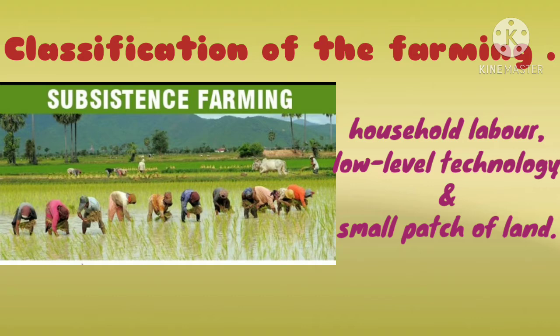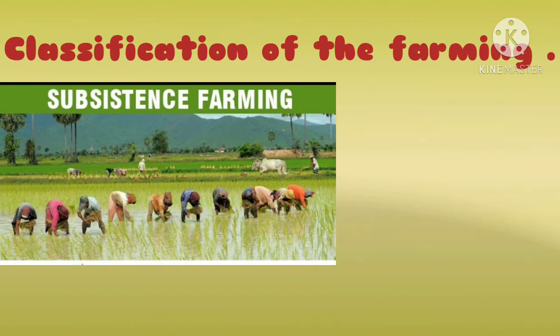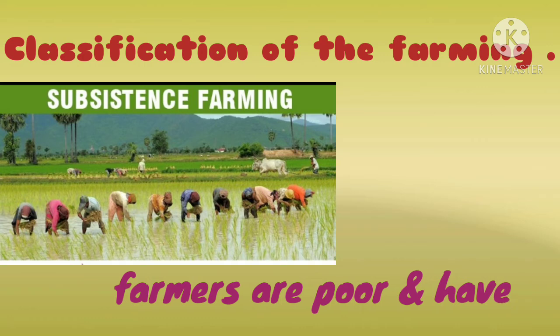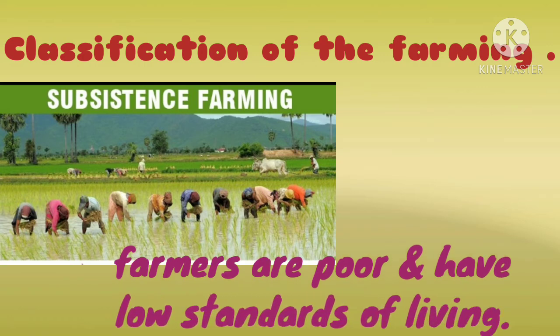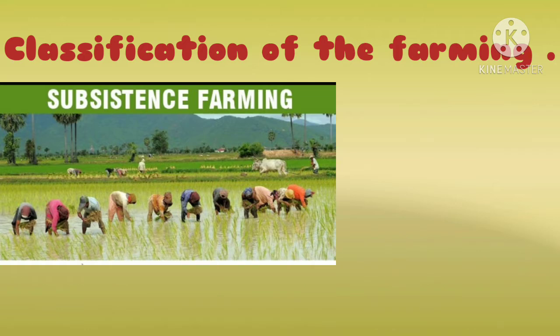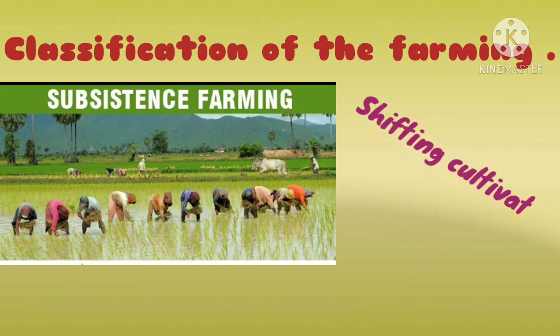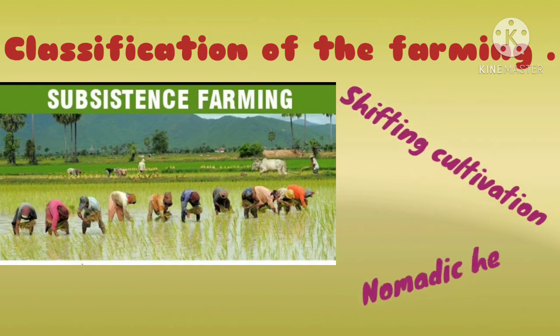Generally, farmers who practice this type of farming are poor and have low standards of living. This is further classified into two forms: shifting cultivation and nomadic herding.